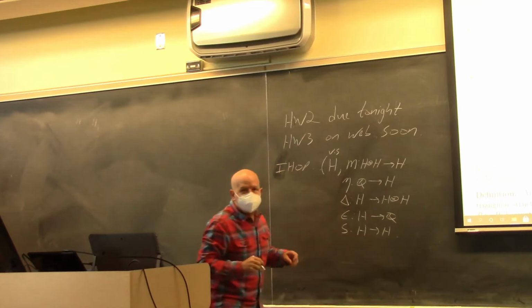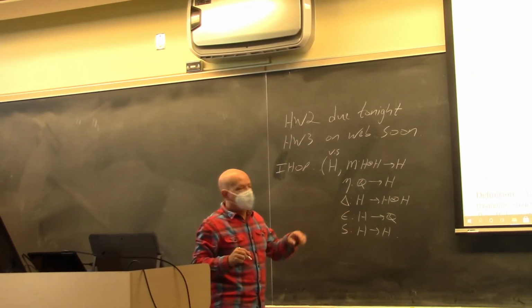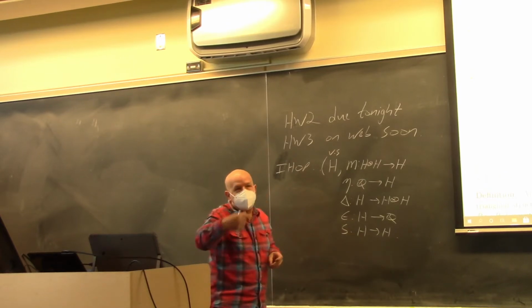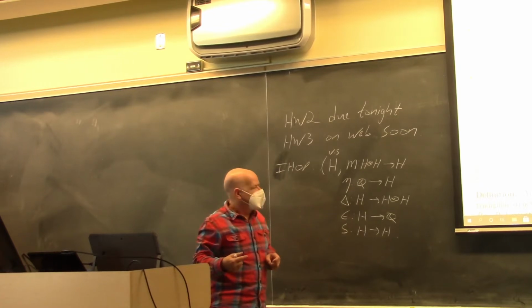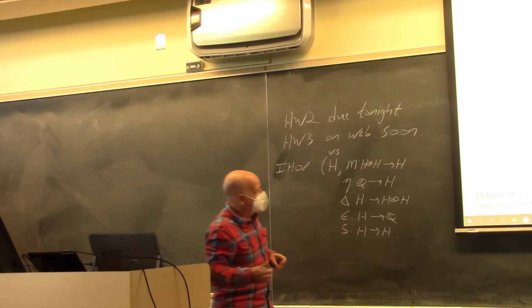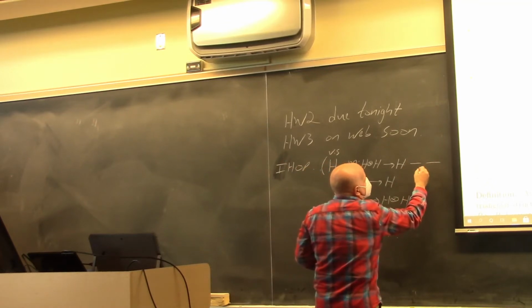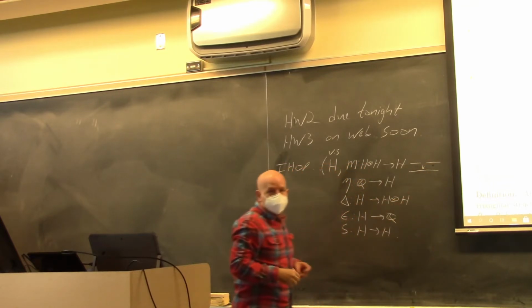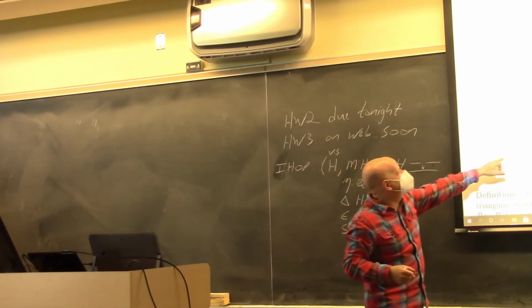The best way to remember what these things are is to think what they correspond to in the world of tangles. M corresponds to taking two components and stitching them together. If you have two strands, you can connect them and make one.